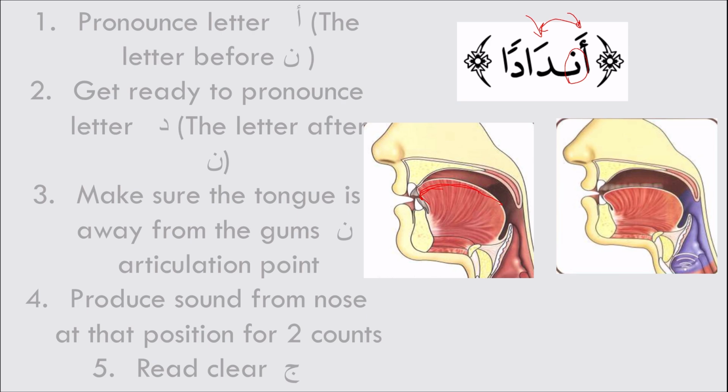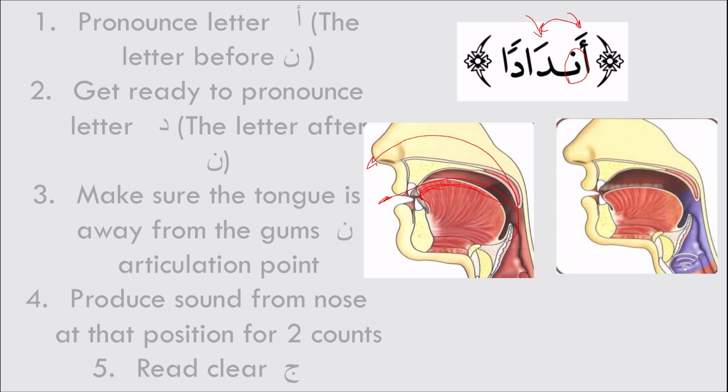So it will be and, like this. Again, and, not an or an, both are wrong. I need to make sure the sound comes freely from my mouth and comes freely from my nose, both together.